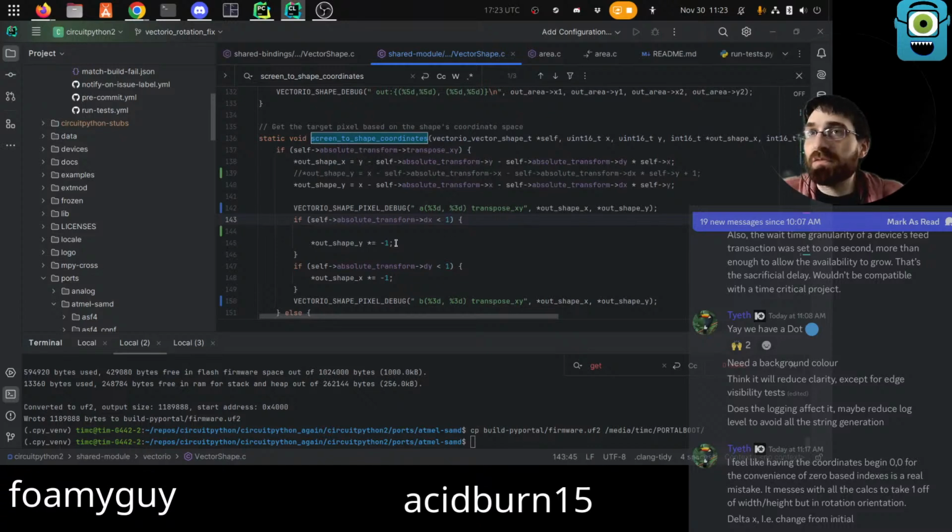Delta, change from initial. So that's kind of how I was imagining distance, but I think it's always ones. I'll have to make a bigger shape to be sure, I guess.